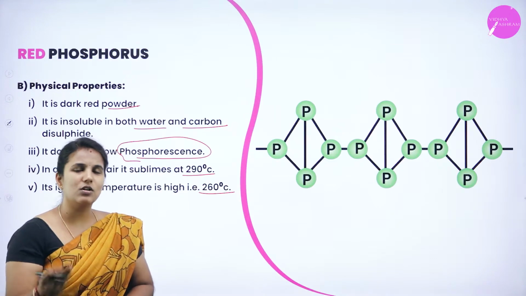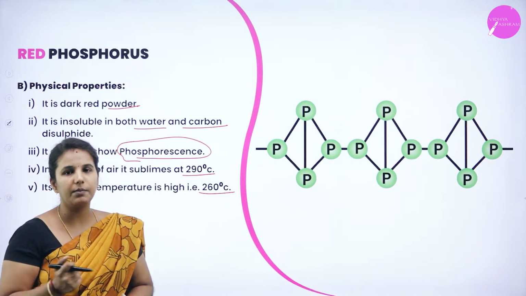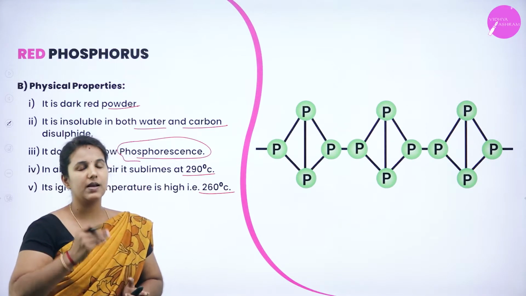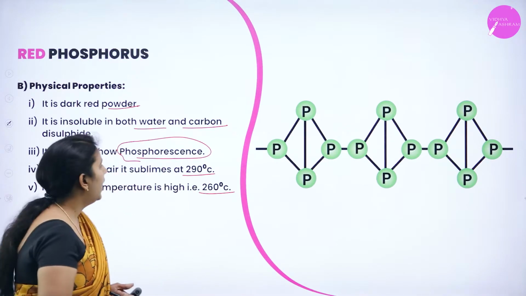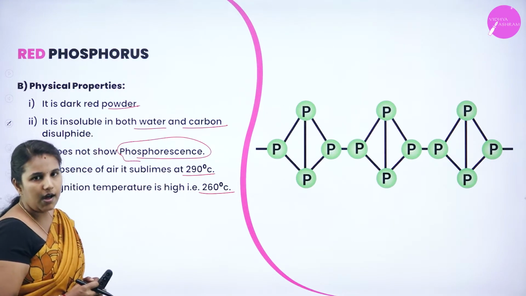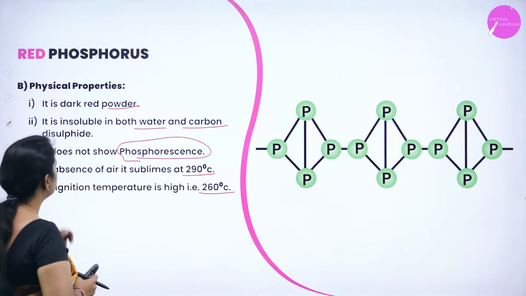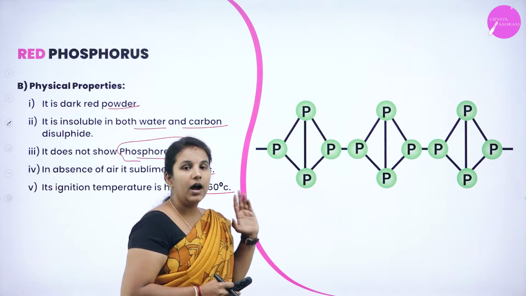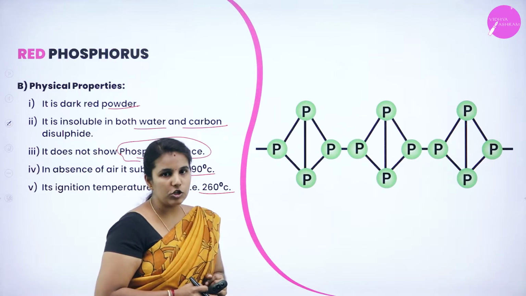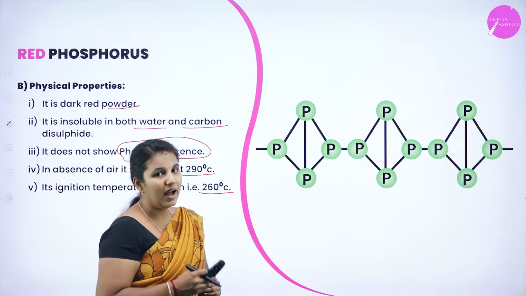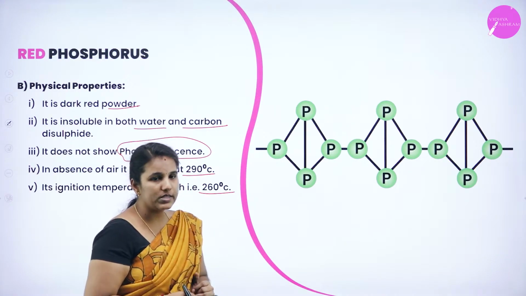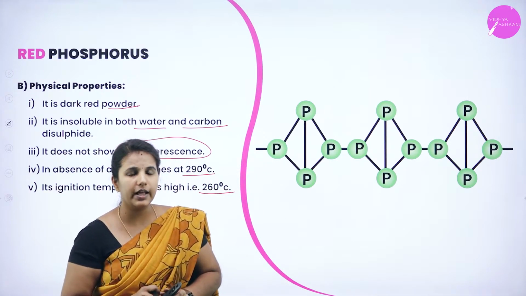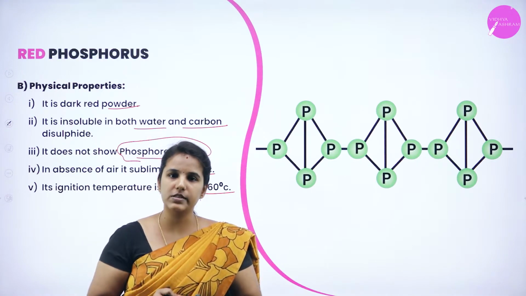It does not dissolve in water or in carbon disulfide, its ignition temperature is very high compared with yellow phosphorus, it is usually dark red in color, and it does not show phosphorescence. Here you can also see what the red phosphorus molecule looks like. Again, there are 4 phosphorus atoms, and each phosphorus atom is linked together by phosphorus bonds.